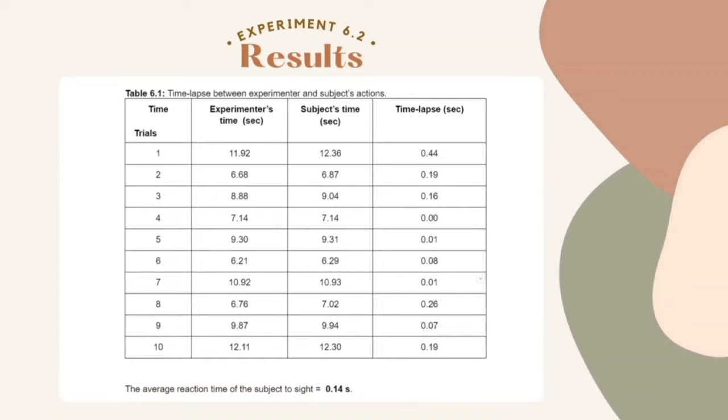The following table shows the results of this experiment. The average reaction time of the subject to sight is calculated by adding all time lapses and dividing by 10. Thus, we get an average reaction time of 0.14 seconds.